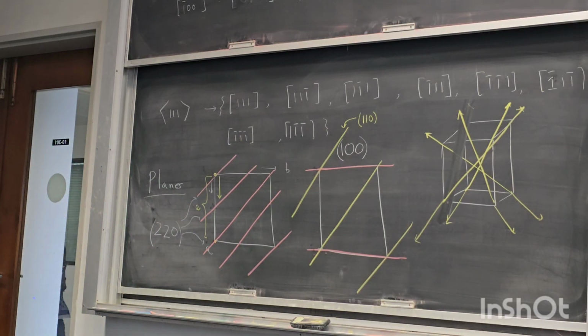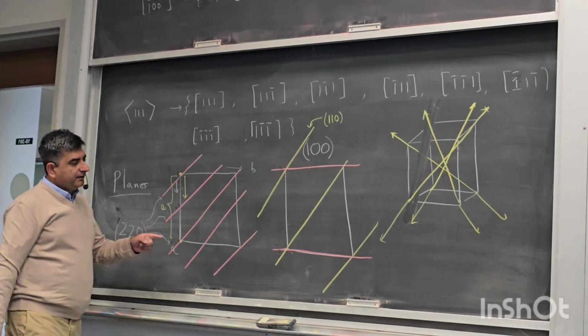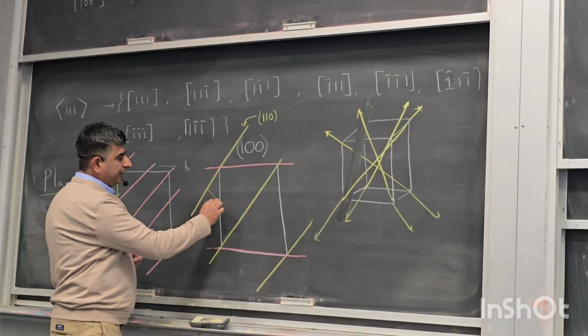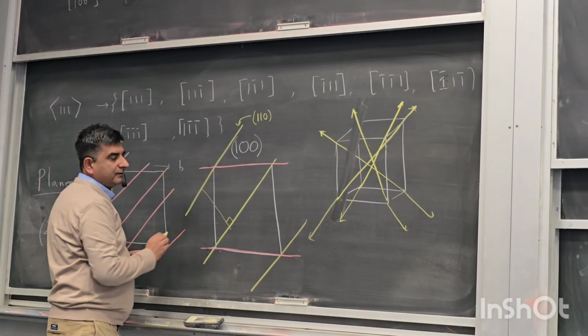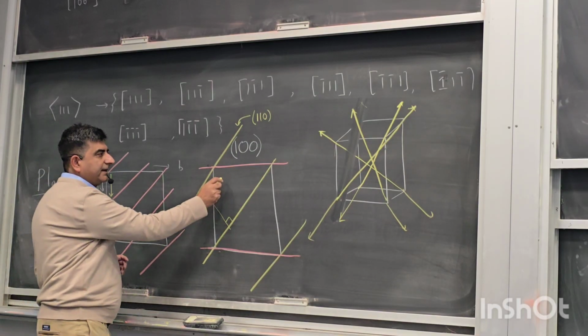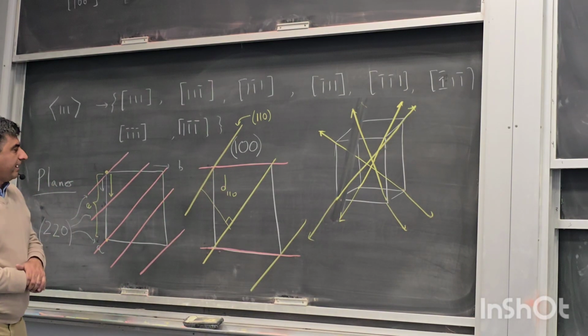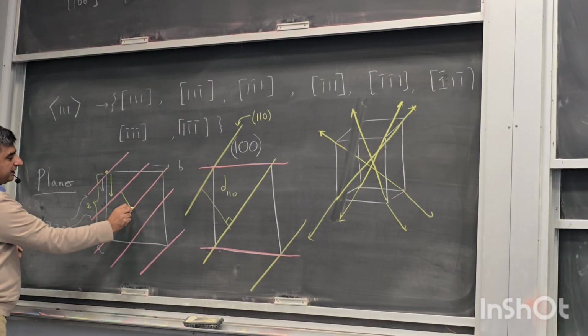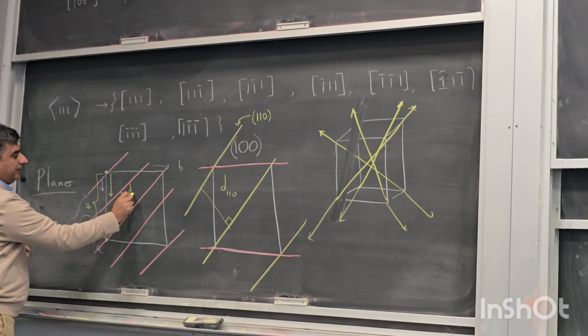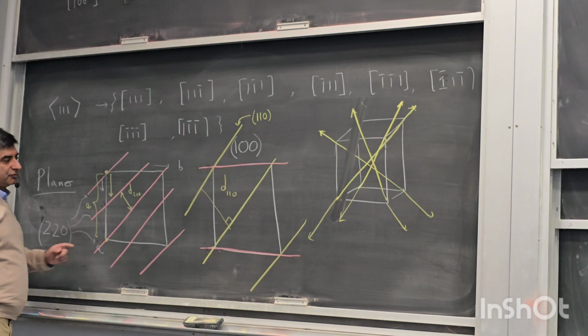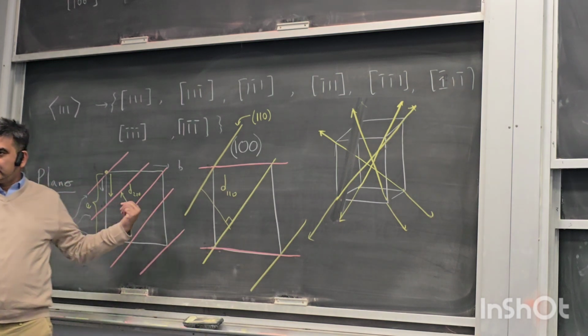The only difference is that the perpendicular distance between 2 planes here is, let's call it D 1 1 0. And the perpendicular distance between these planes, D 2 2 0, is different. So this distance is twice of this distance.